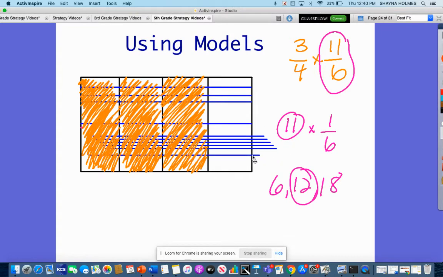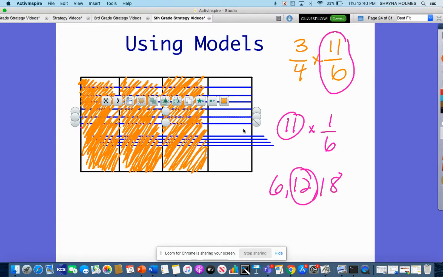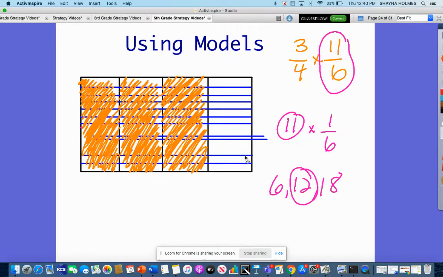If I can grab these. Okay, this should be one set of 6. Let's make sure. 1, 2, 3, 4, 5, 6. Perfect. Now I'm going to move this down here.